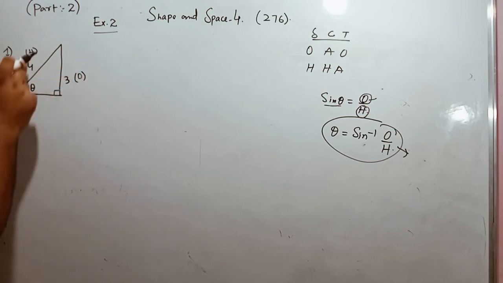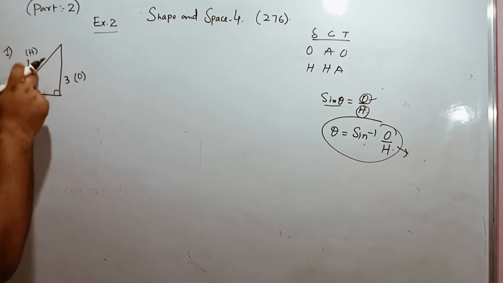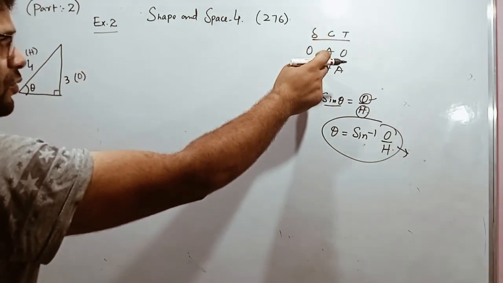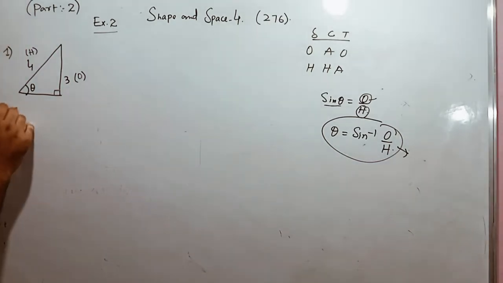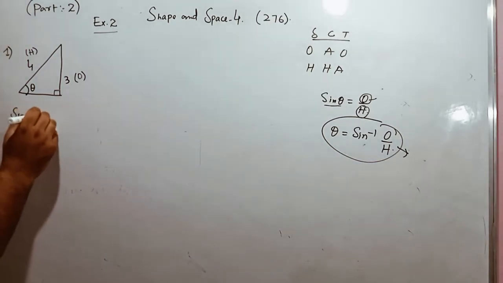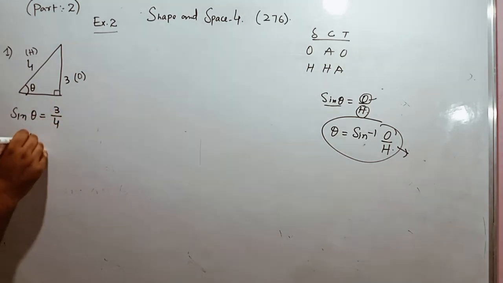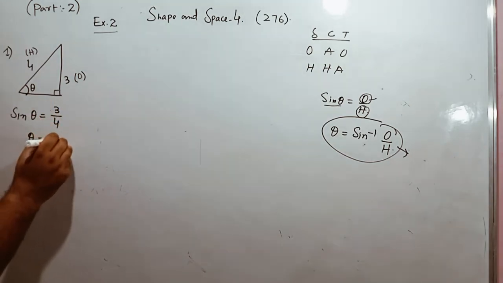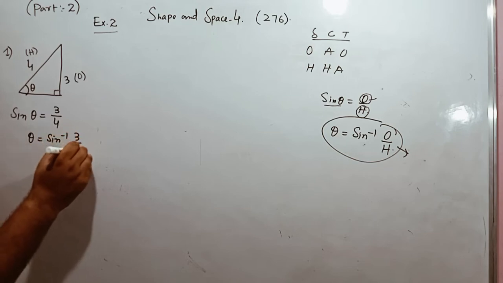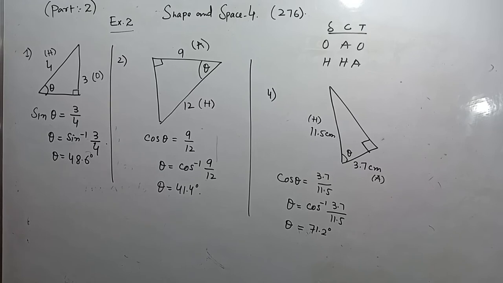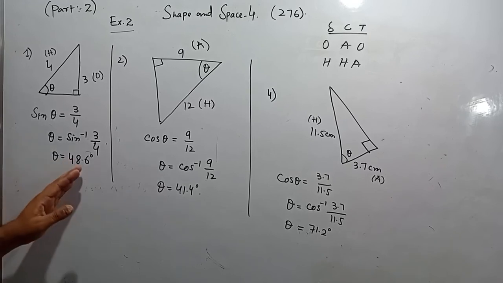From the diagram, this is opposite and hypotenuse, and sine is opposite by hypotenuse, so I can directly write sine theta is equal to 3 divided by 4. So theta is sine inverse 3 divided by 4. Here you can see theta is 48.6 degrees.